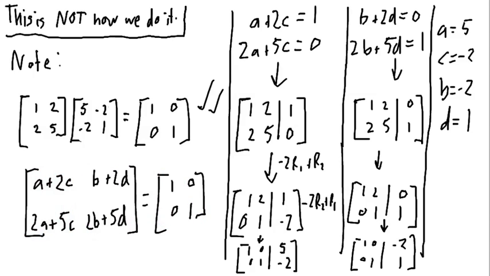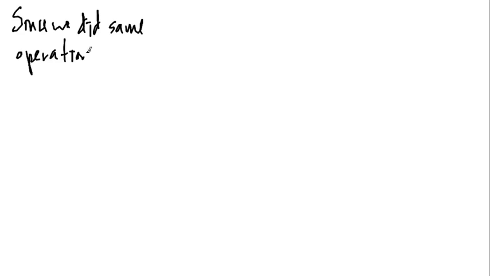Okay, so let's get rid of this. But let's note what we really did there: we did the same row operations on both systems. We really could have combined them into one system at the same time.